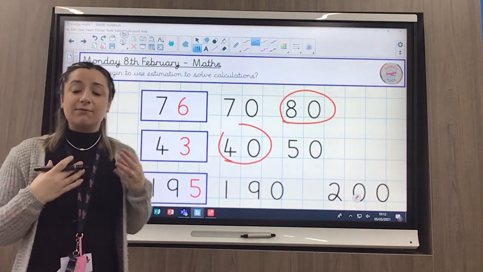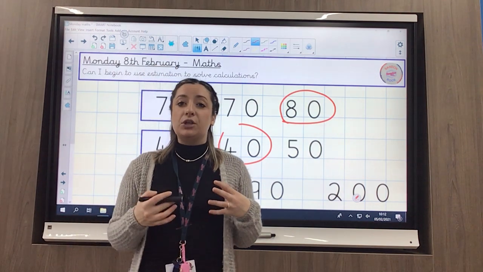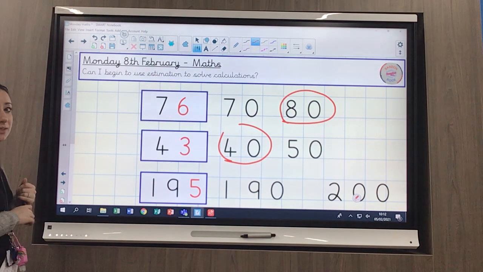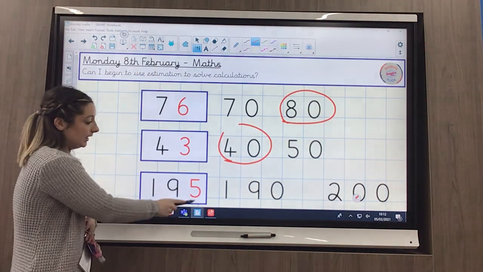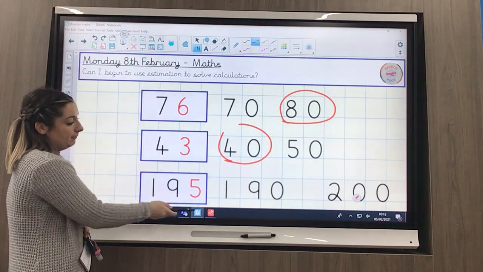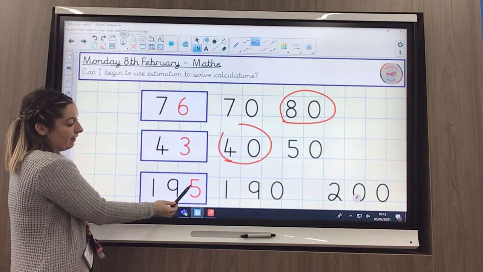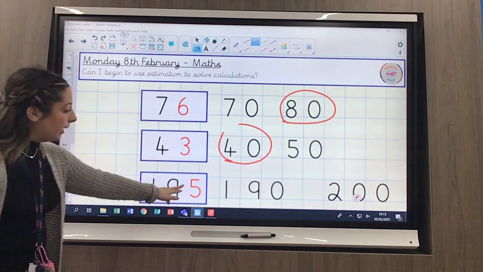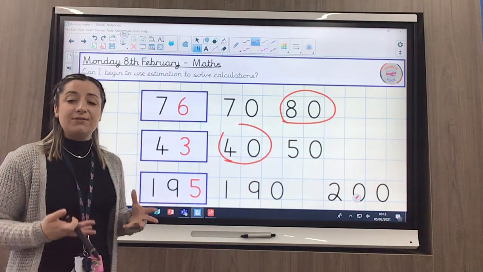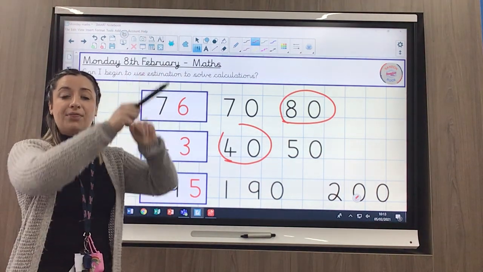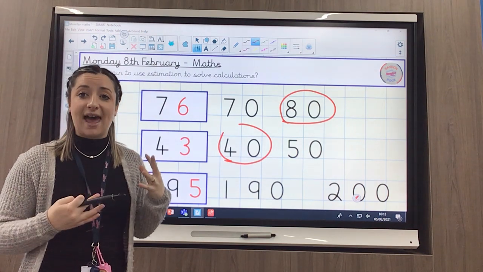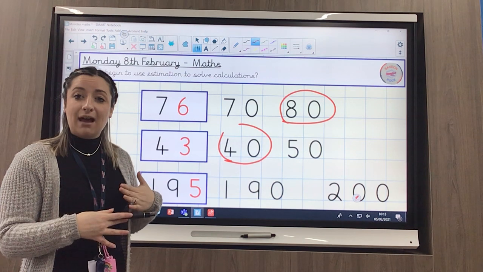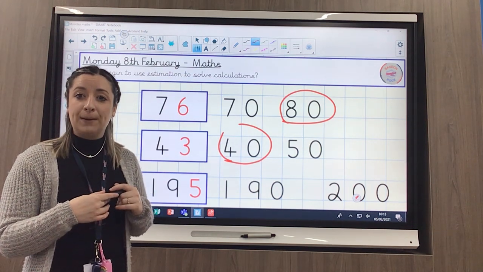Okay, and what I've done now is I've just challenged us a little bit and I've used a 3-digit number. Now we are still only rounding to 10, so I'm still only looking at my ones column, but I need to be determined whether I am rounding up or rounding down. Now having a look at my number 5, 5 to 9 means to climb the vine, and we go to the next 10. Now after 190, the next 10 after that is going to be what?